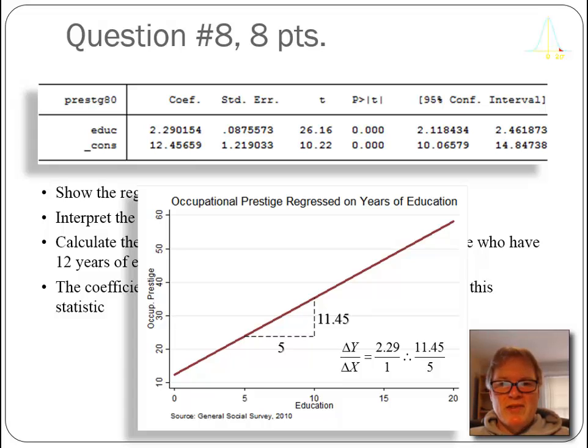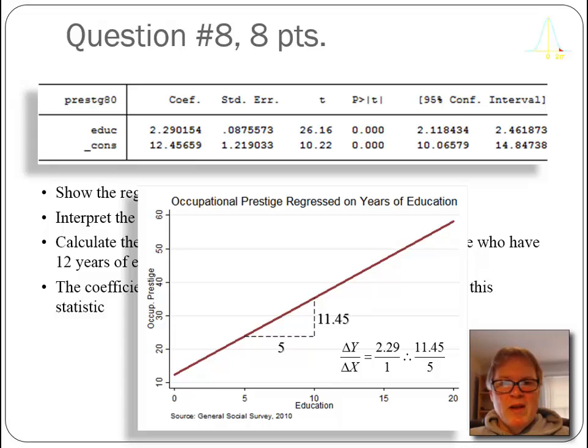And so we get this kind of stair-step function. Every time we increase x by 5, we increase y by 11.45, or every time we increase x by 1, we increase y by 2.29.